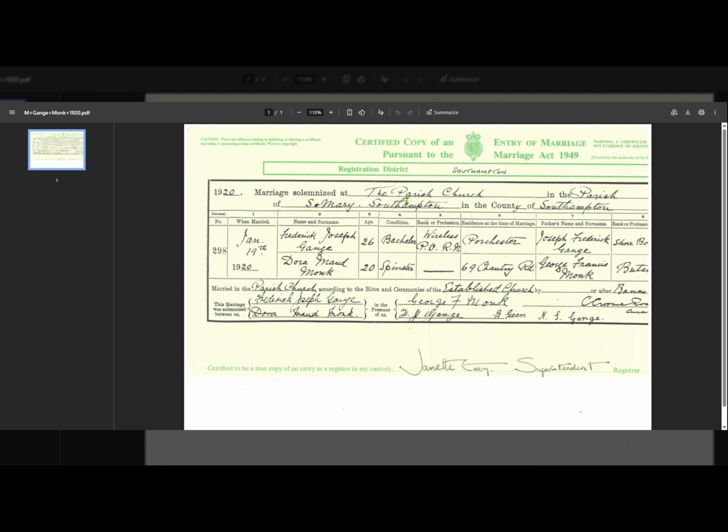There's only one, so that's a good indication that's him. We can use this index number here, Southampton 2C10, to look it up on the GRO website. But I'm going to do something a little bit different today. I'm going to actually look for the certificate and the index on the GRO's website.